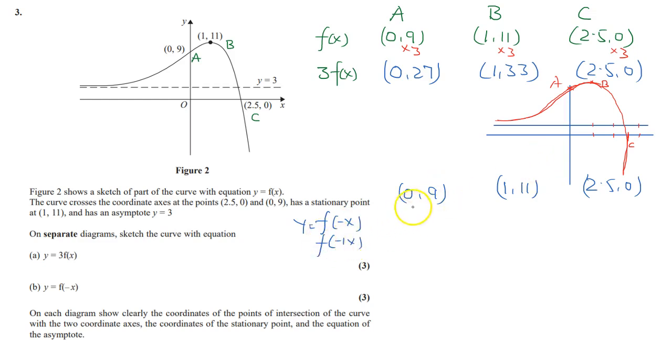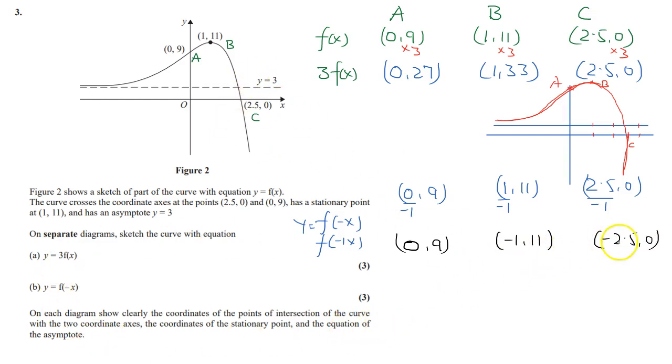So we divide each coordinate of x by -1. So what we are going to get is 0, 9, this one is -1, 11, and this one is -2.5 and 0. So these are the coordinates.